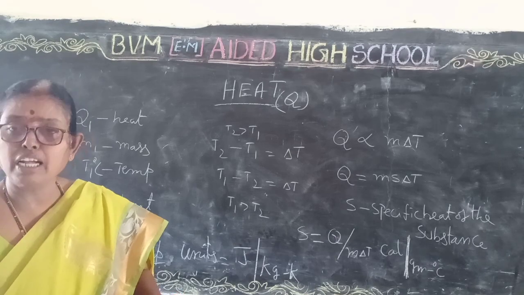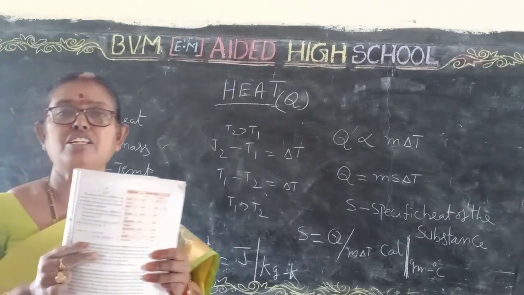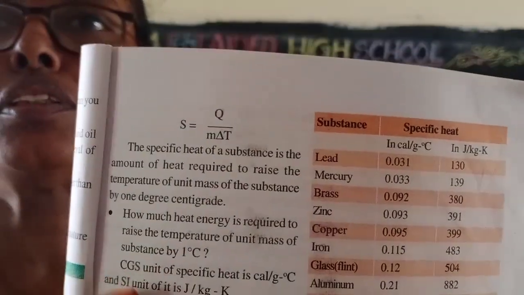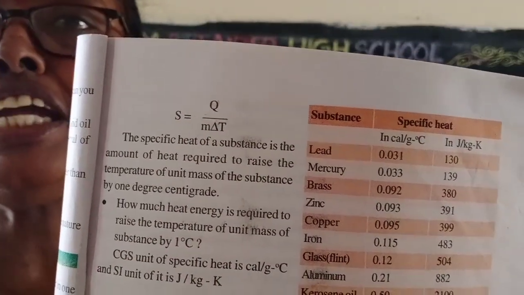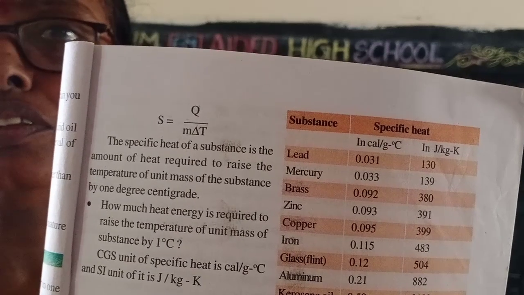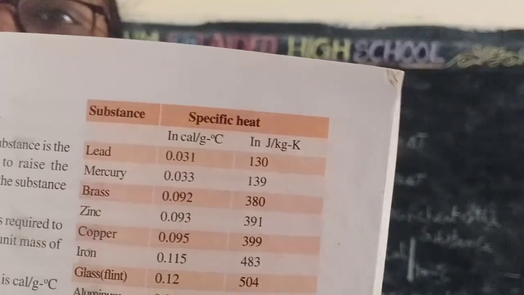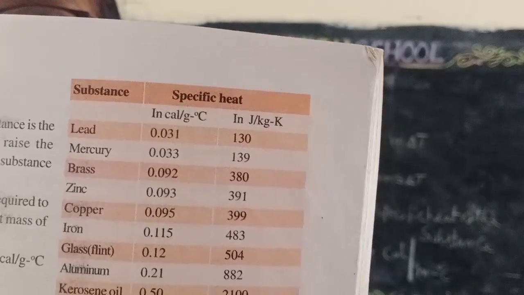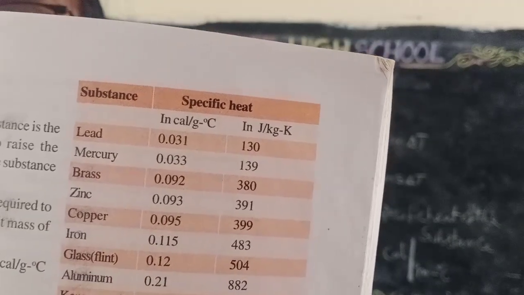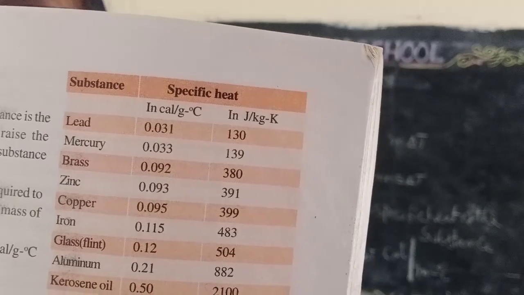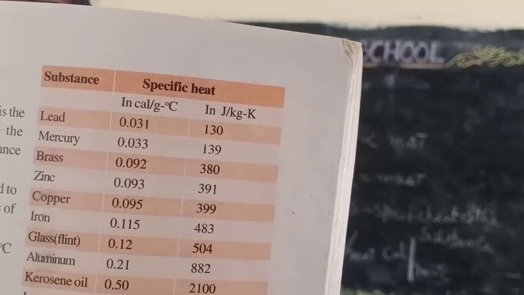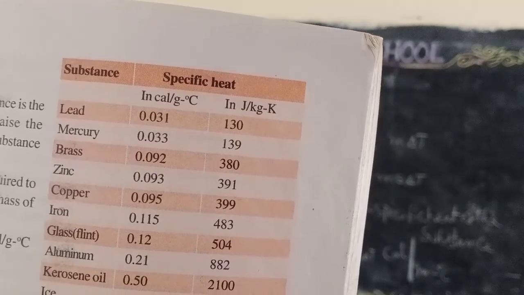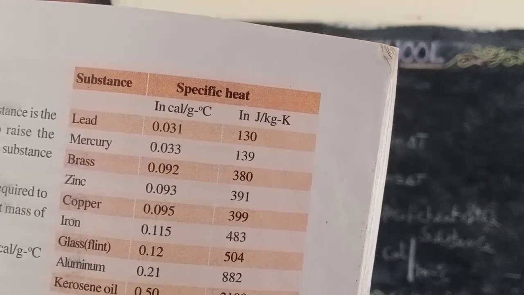If you observe the definition and the table, you have the values for water, lead, aluminium, copper, mercury, glass, ice, seawater and, at last, air.